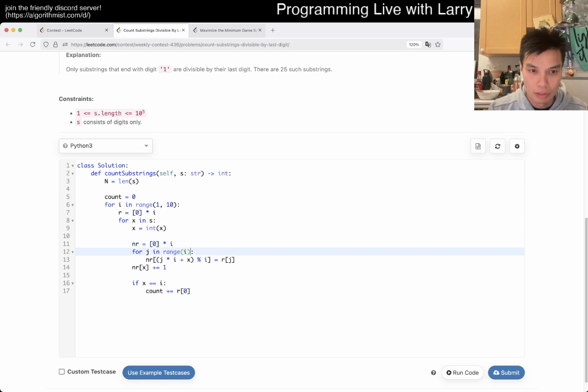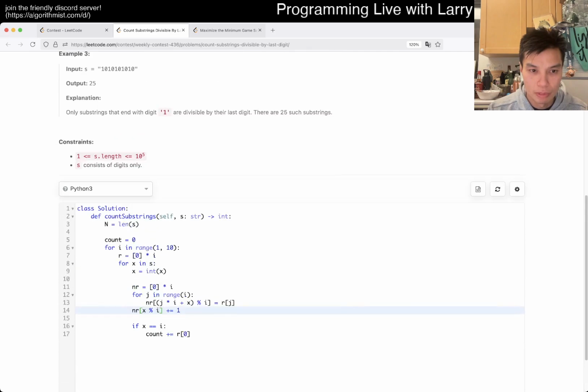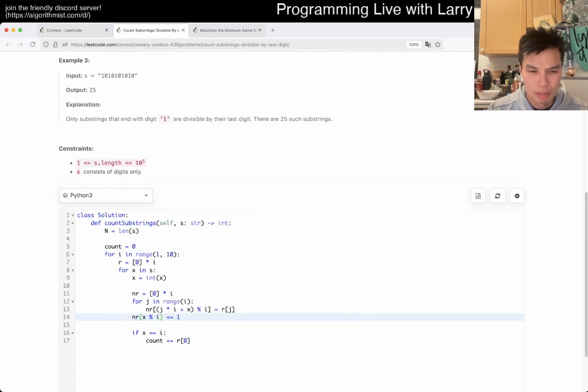And also x is x mod I, which is actually important for some stuff. For one, I think it's the key part. And then after that, R is equal to NR. I think this is actually NR, but fine.